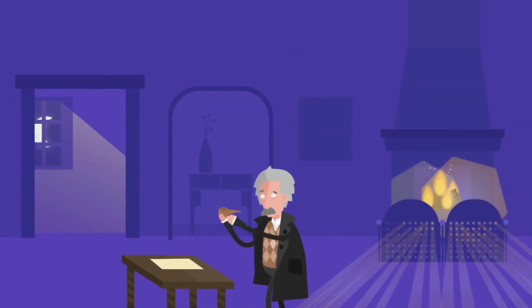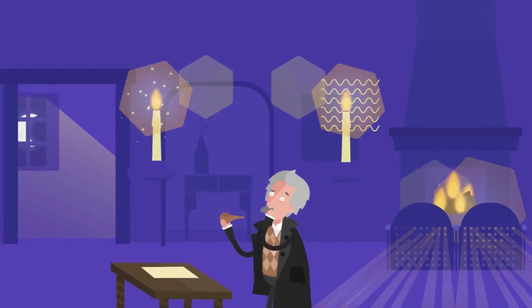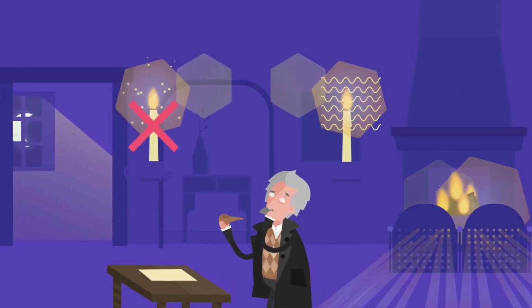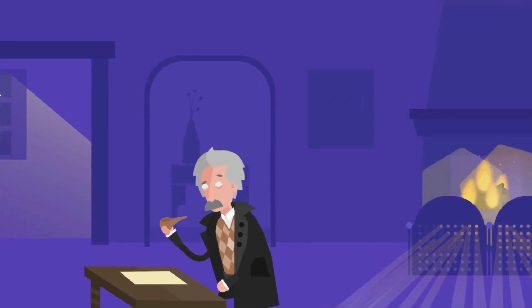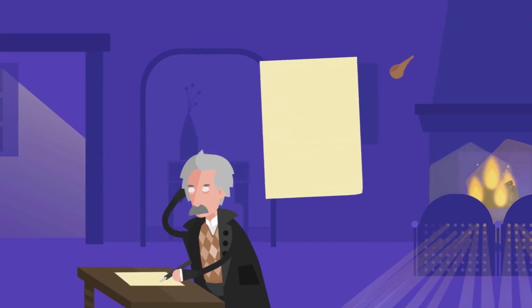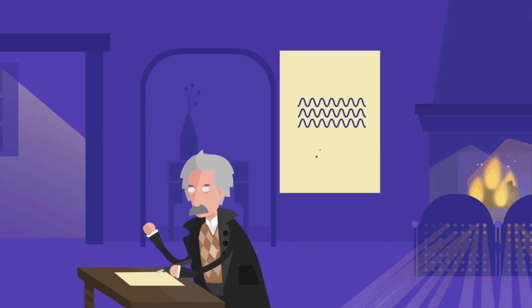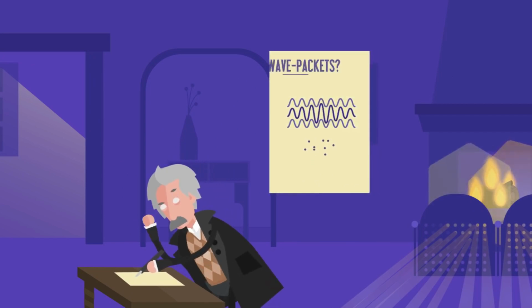Einstein was bewildered. The photoelectric effect should work regardless of the type of light. If light wasn't made of particles, and now it turned out that it couldn't be made of waves, what was it made of? After much reflection, he formulated a new hypothesis combining the two previous ones. What if light were made not of waves or particles, but of both? That is, what if light were made of wave packets?